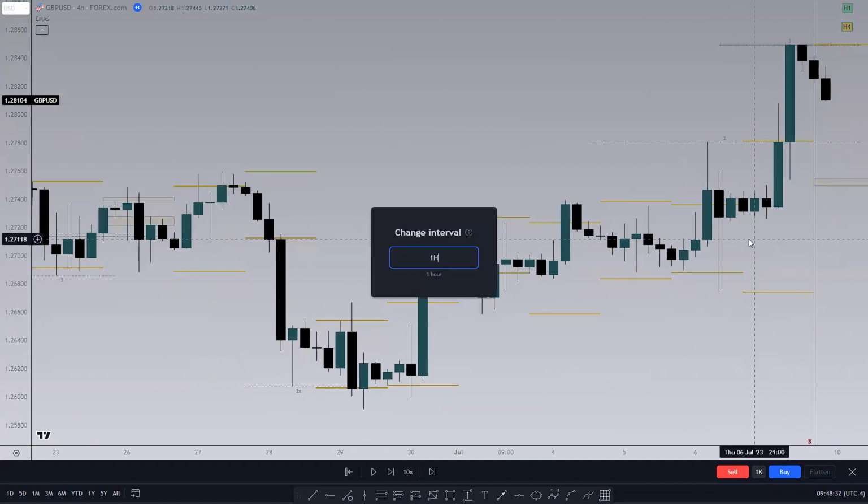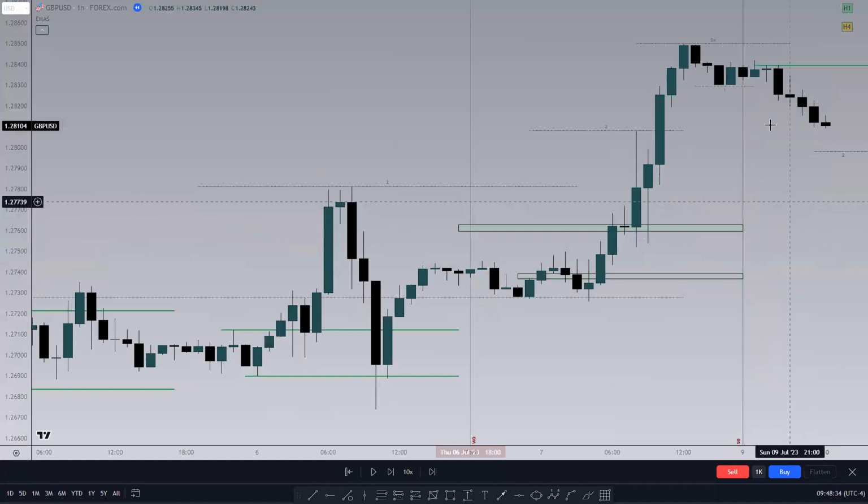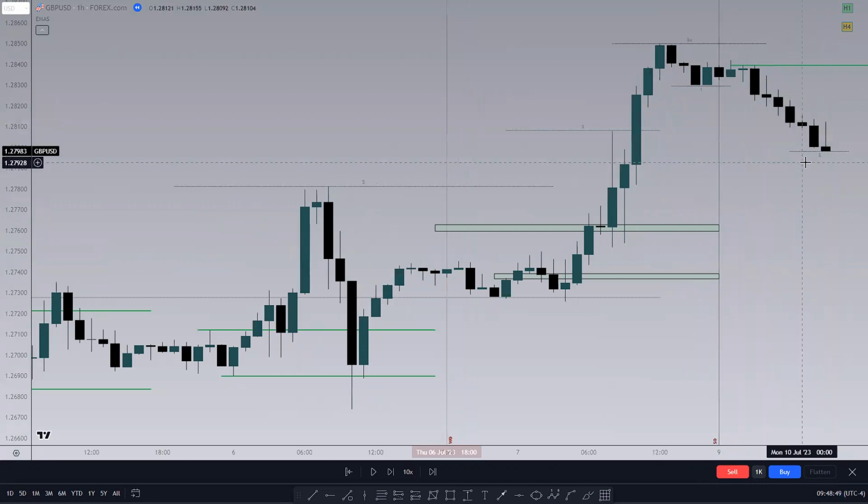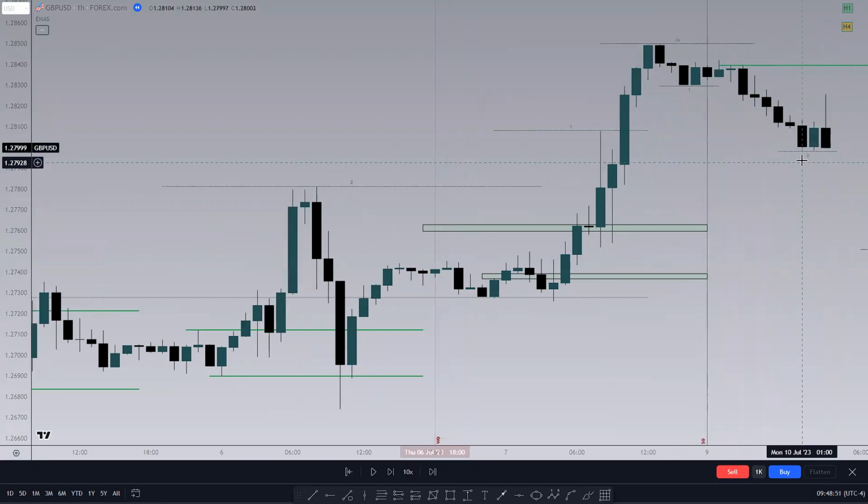Now, taking a look on the 1-hour time frame, we can see the price had delivered one bearish expansion to the downside, contracted, and delivered a second bearish expansion to the downside. Now, it is important to note that this is a reversal phase of the cycle.